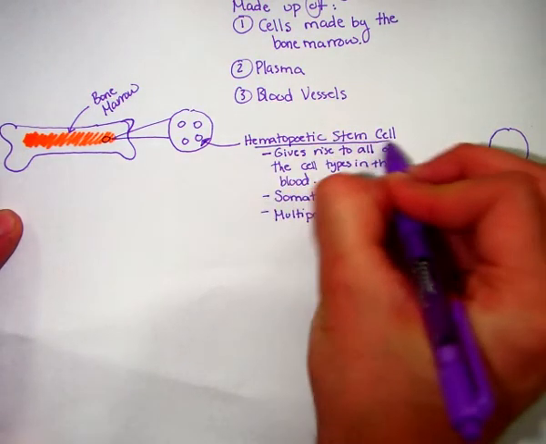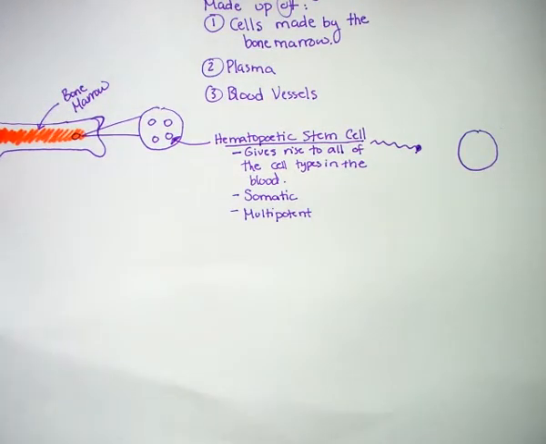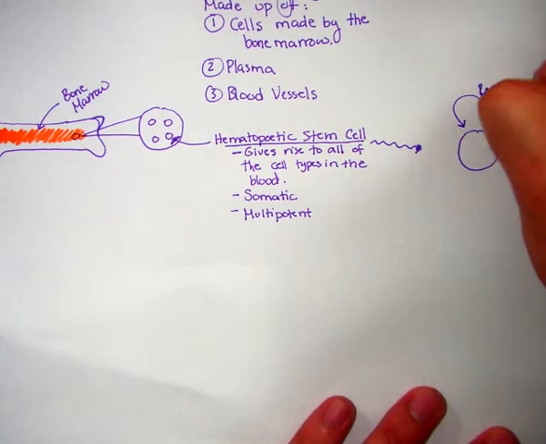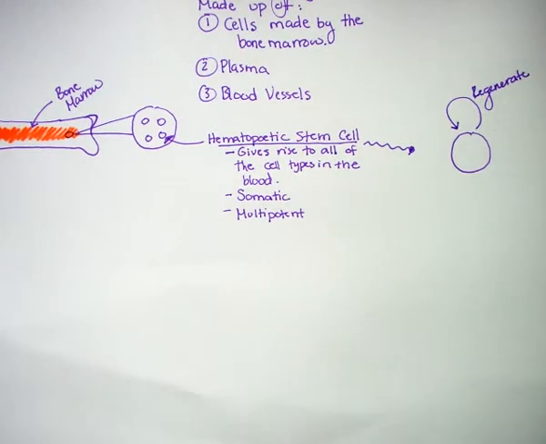So if we take a look at what this cell does. This hematopoietic stem cell, one thing it can do, it can continually regenerate. So it can just make copies of itself like any other cell.